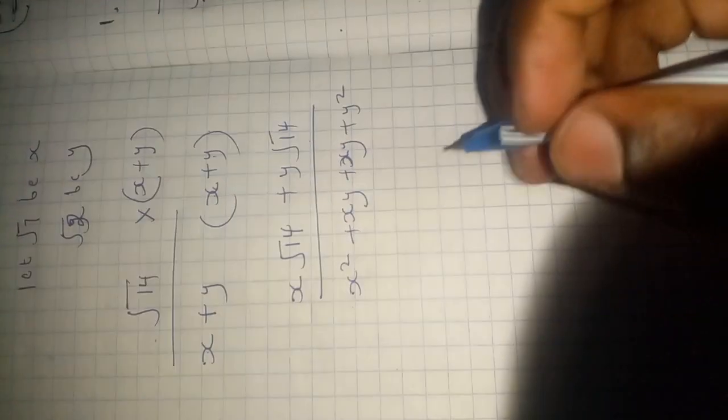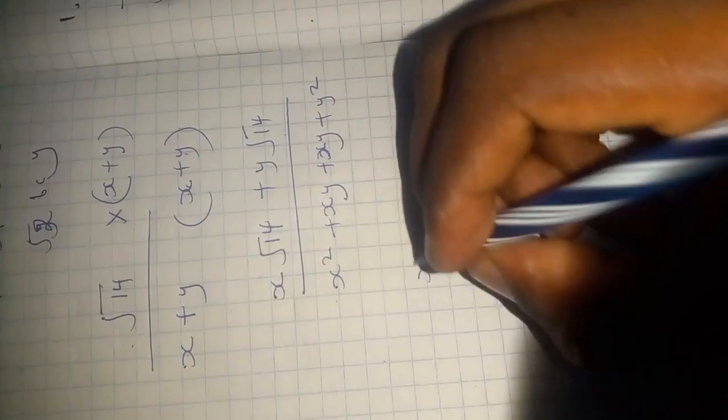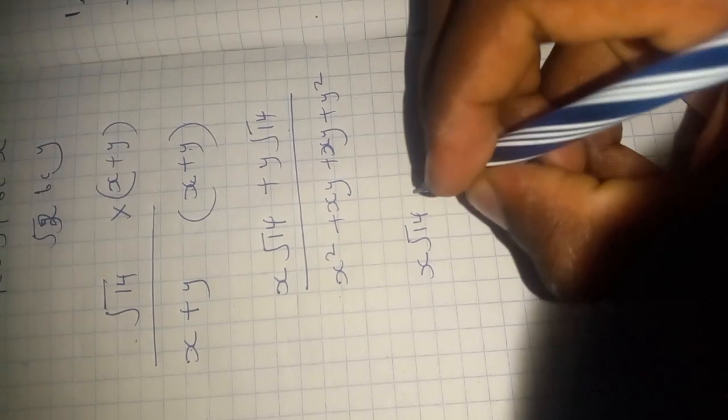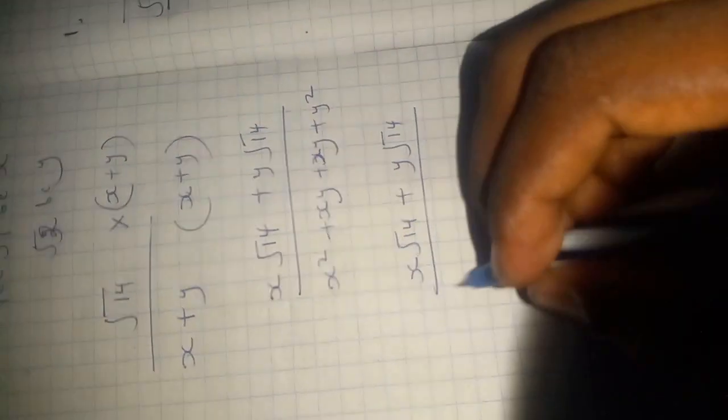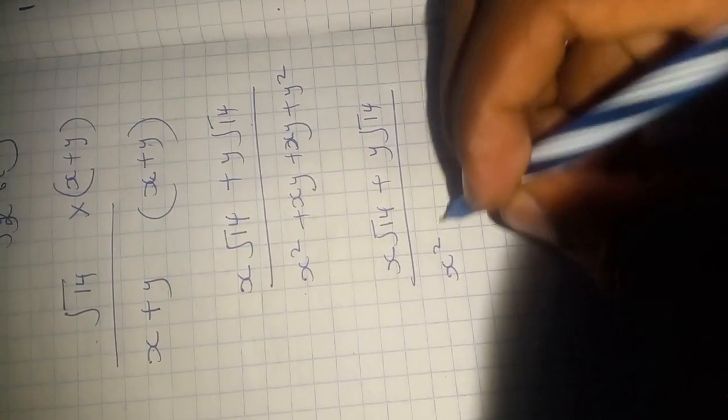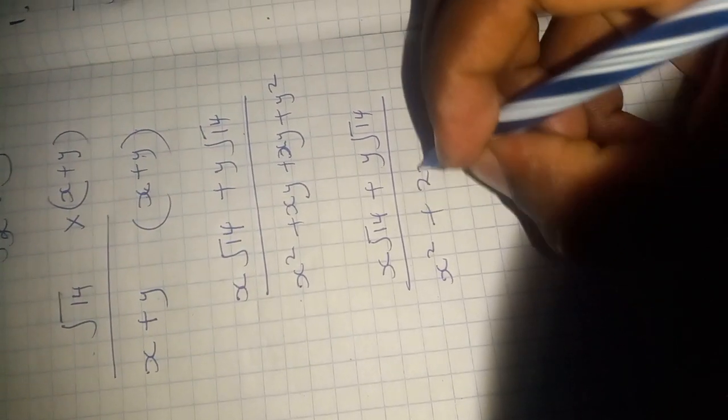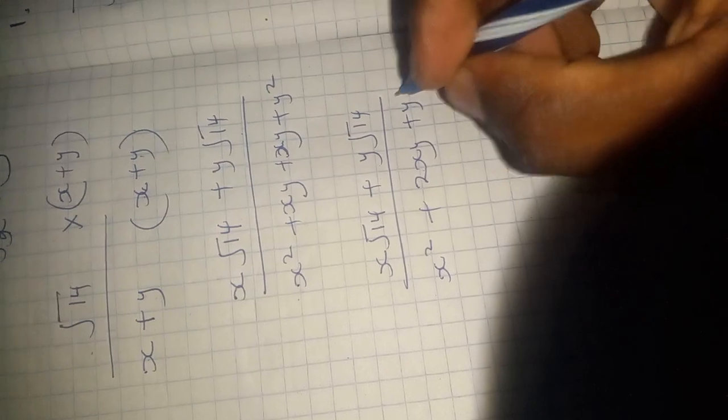So it will be now x root of 14 plus y root of 14, divided by x squared plus 2xy plus y squared now. So you replace the x and y.